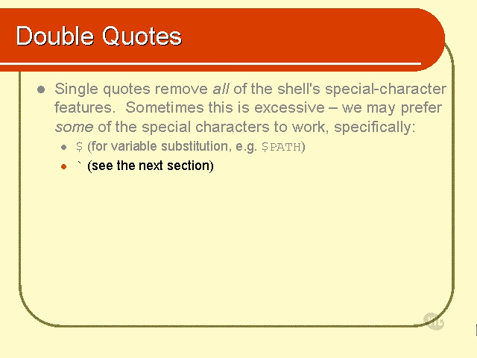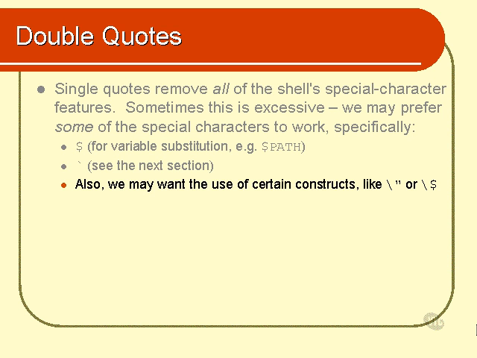And the backwards quotes, we may like those to remain special as well, and we'll explain about the backwards quotes in the next section. Also certain constructs may be very useful to us, like using the backward slash character to render certain other characters non-special. I know this is very confusing, so we're going to have to look at an example.